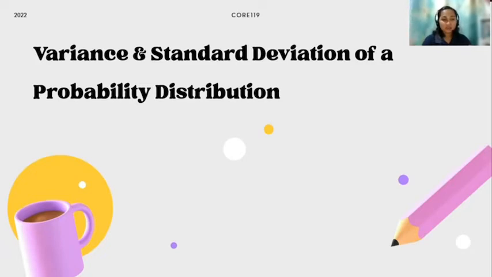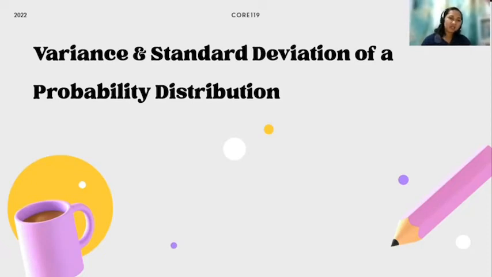The difference here is that we are referring to the properties of the distribution of a random variable, so how we compute the variance and standard deviation is different, and the property they describe is different from the measures of dispersion we know when we summarize data.